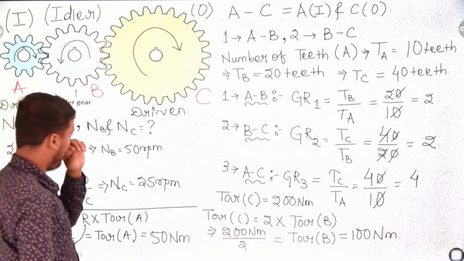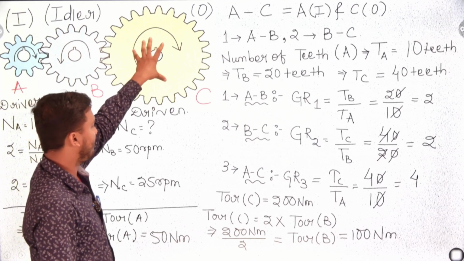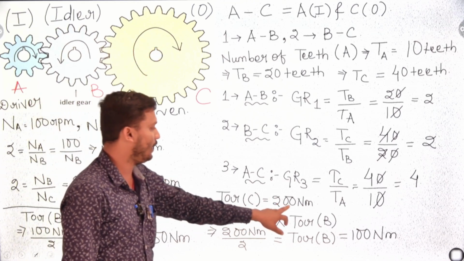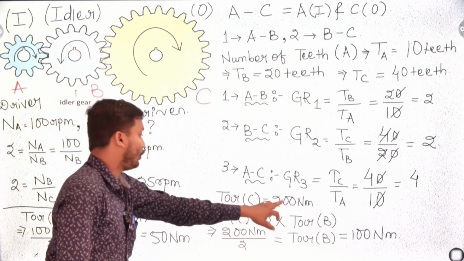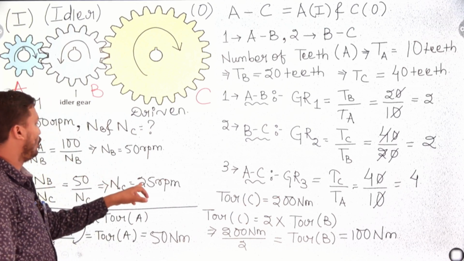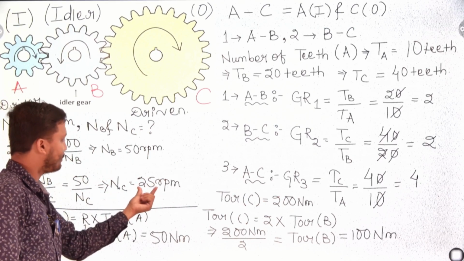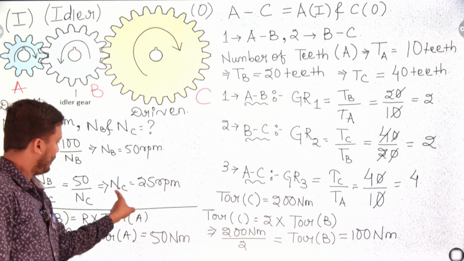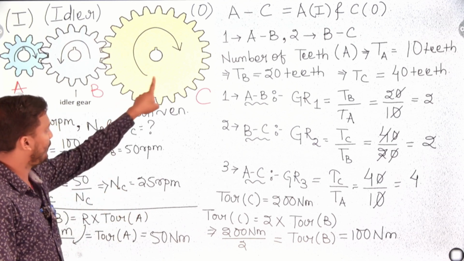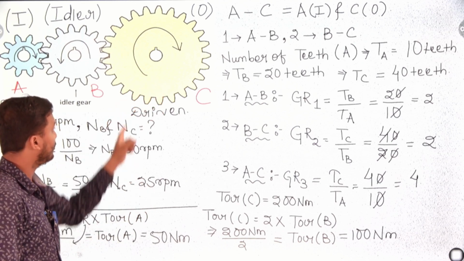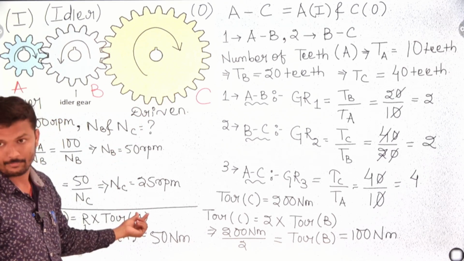Just see over here, C is the larger gear, so its torque is 200 Newton meter. What is the speed over here? 25 RPM. When the speed NC is less, the speed of this gear is very low because the size of the gear is very large.